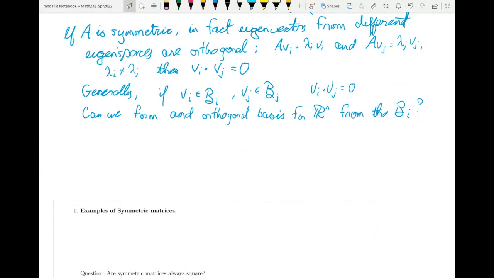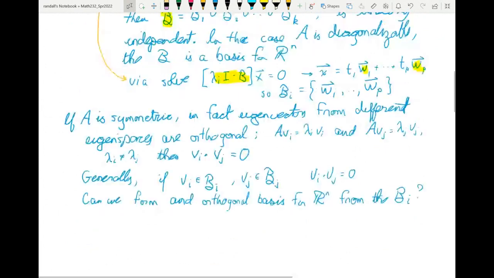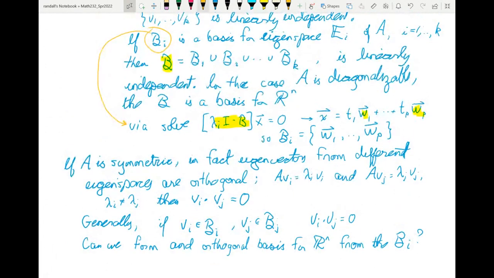And it's true that eigenvectors from different eigenspaces will be orthogonal, but it's not true, going back to this here in orange, that when you find the vectors in the basis of the eigenspace this way, even in the case of symmetric matrices, these W1 to WP have to be orthogonal amongst themselves.